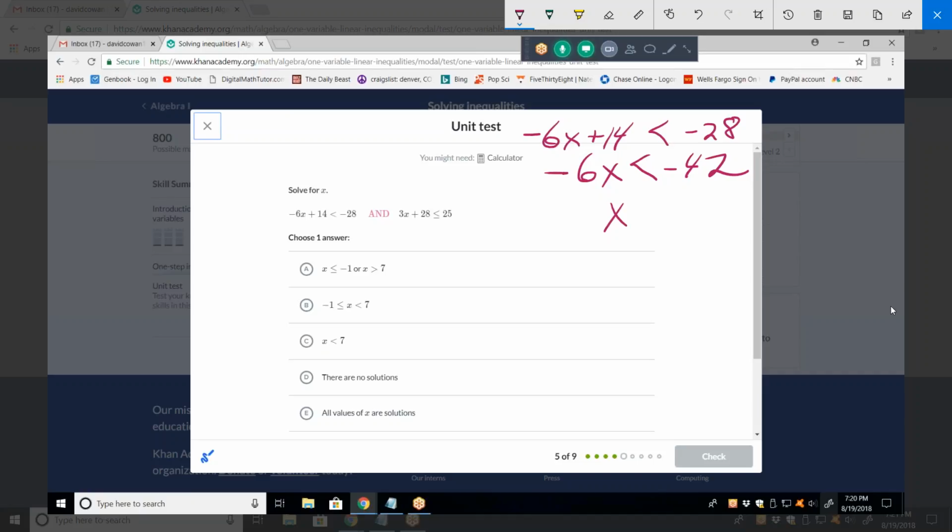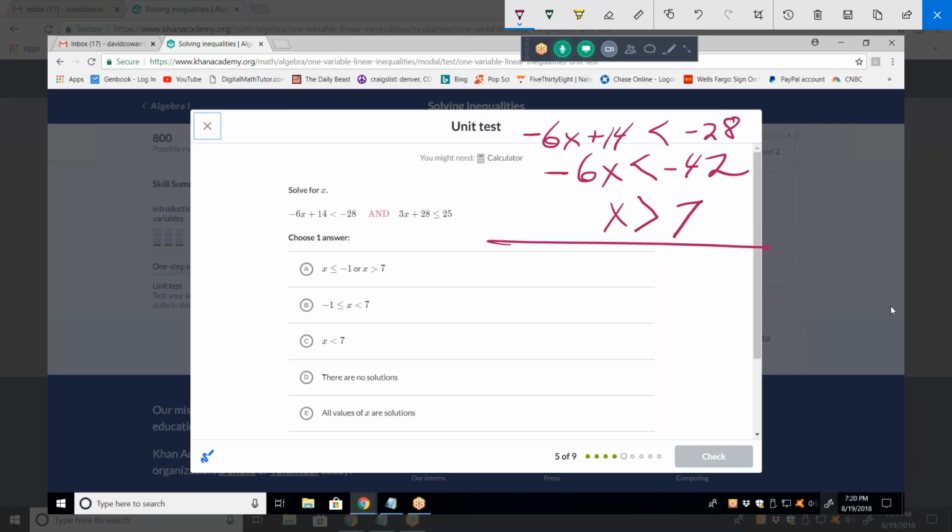Oh, it's greater than, because we're dividing by a negative number. It's greater than 42 over 6, which would then simplify to 7. Positive or negative? Positive. Correct.